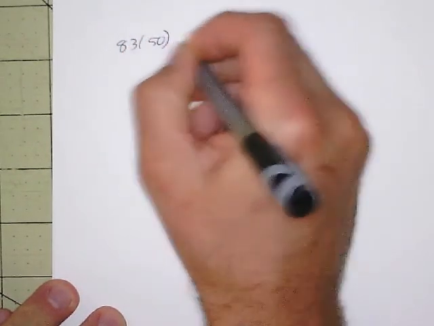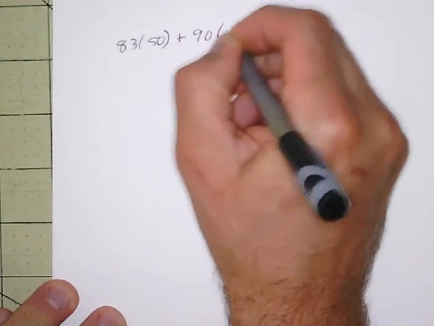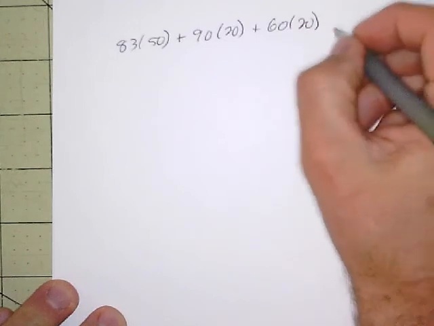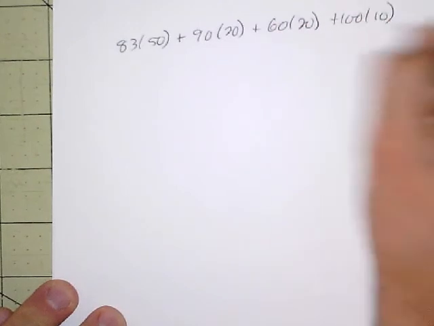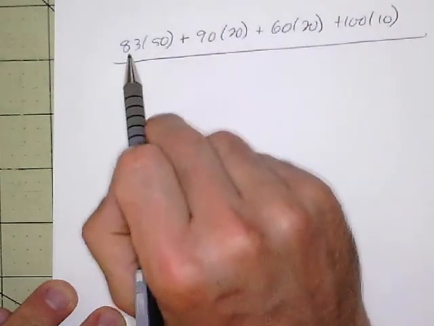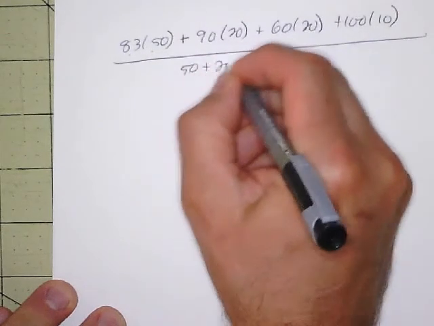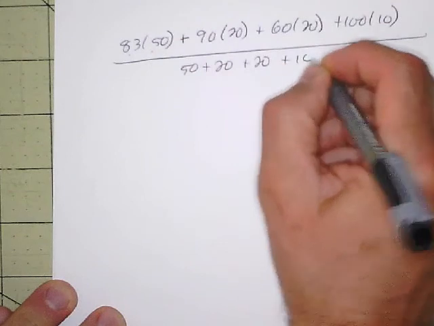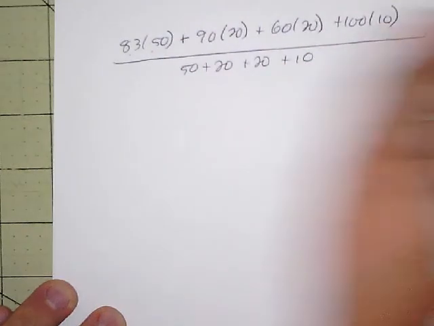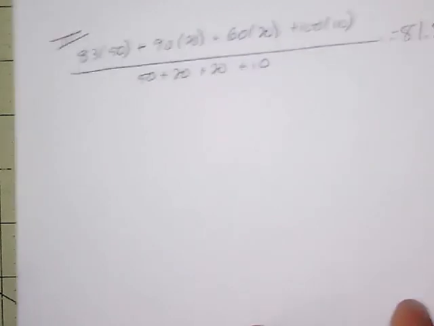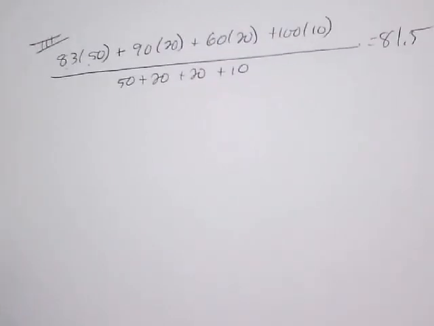Method 2, a third way to do it, if you're using that idea of weights, would be 83 times 50 plus 90 times 20 plus 60 times 20 plus 100 times 10, divided by, so that's the data times the weight, divided by 50 plus 20 plus 20 plus 10, would still give you 81.5. So that's a third way to figure out a weighted mean.